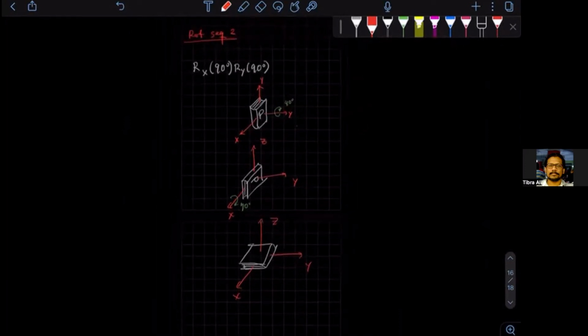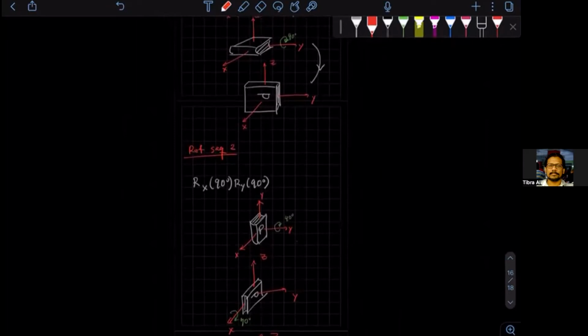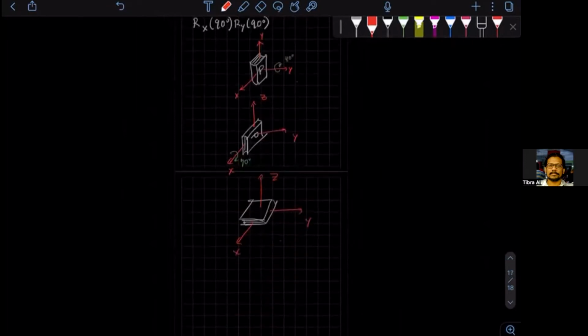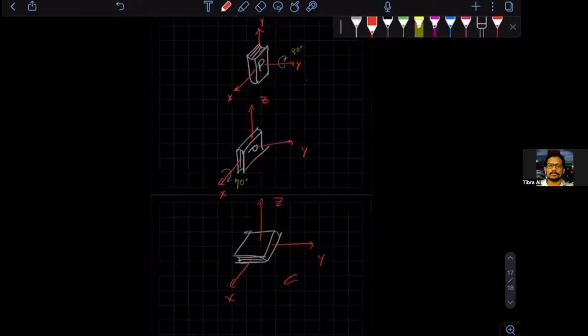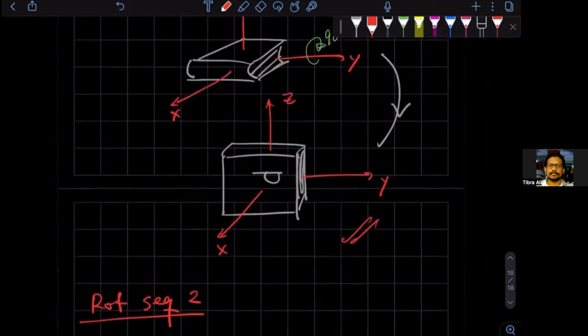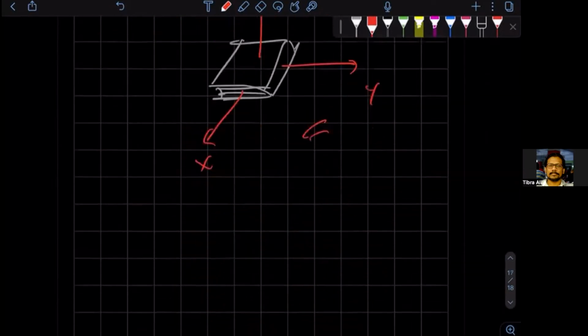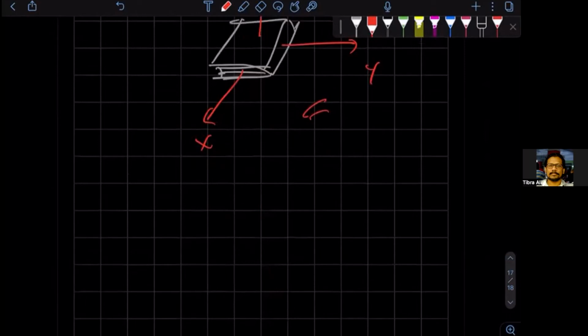Okay, so if I compare this guy with this guy, we see that even though in both cases we started with the same configuration, we ended up at a different configuration because the two rotations don't commute, right? Is that clear?